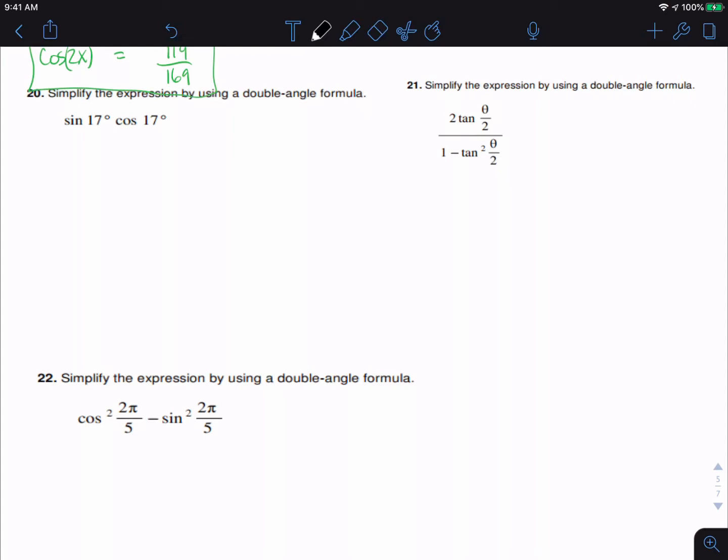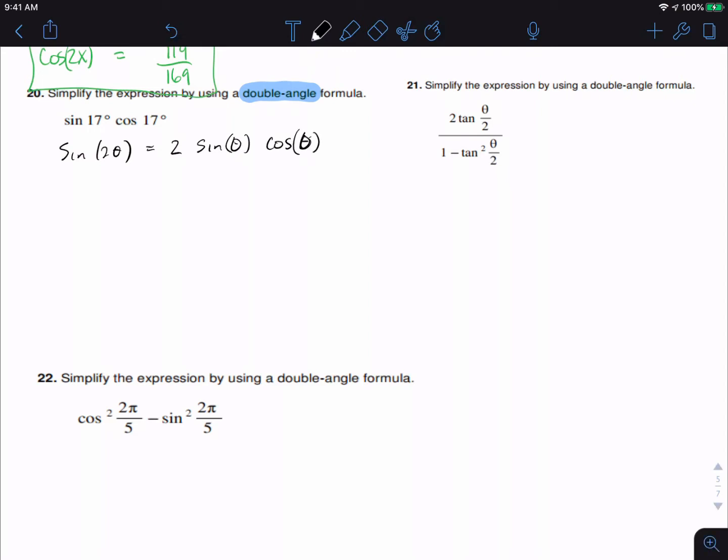What I'm going to do is try to simplify this using the double angle formula. The double angle formula, just so you guys know, is sine of 2 theta is equal to 2 sine of theta cosine of theta, right?